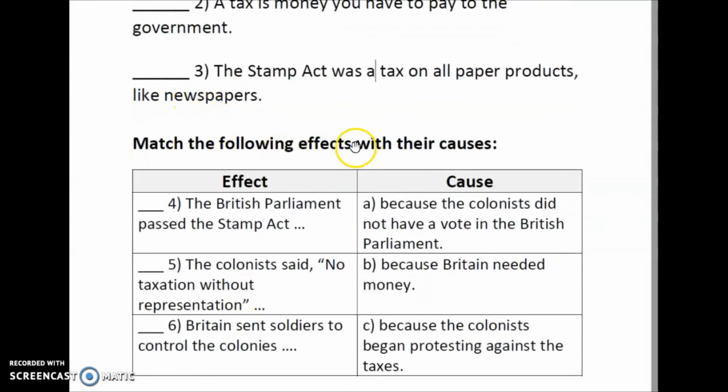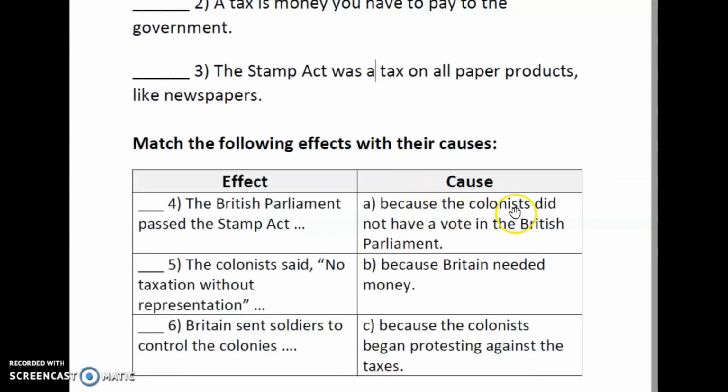Match the following effects with their causes. So effect is what happened, cause is why it happened. Number four, the British Parliament passed the Stamp Act. Number five, the colonists said no taxation without representation. Number six, Britain sent soldiers to control the colonies.